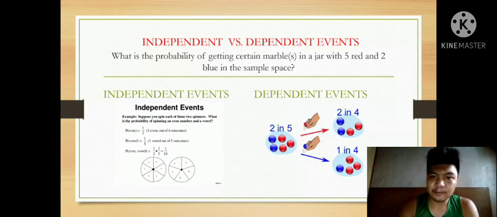Independent event. The jar has 2 blue and 5 red. Separated, the first event is 2 blue, 2 red equals 2 in 4. In the second, 1 blue and 3 red equals 1 in 4.